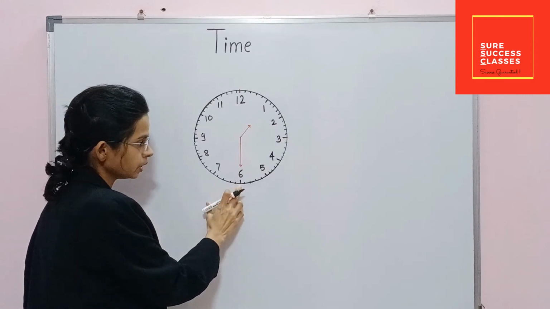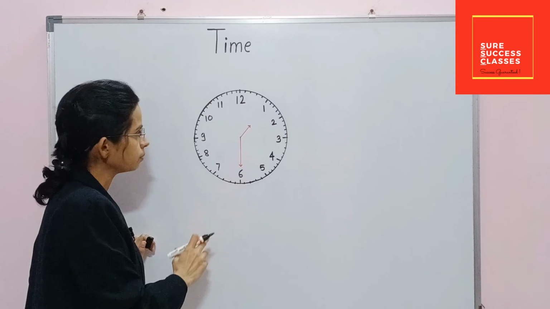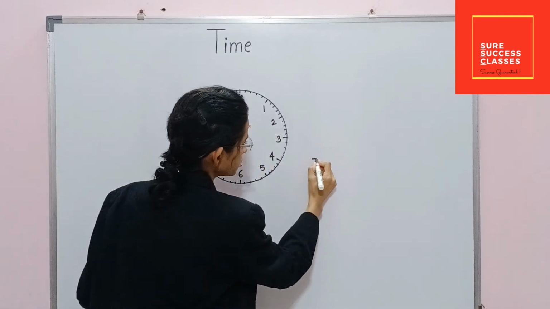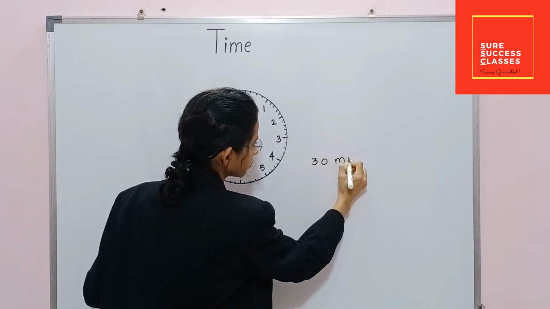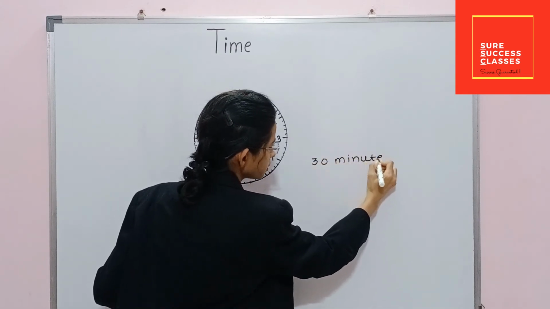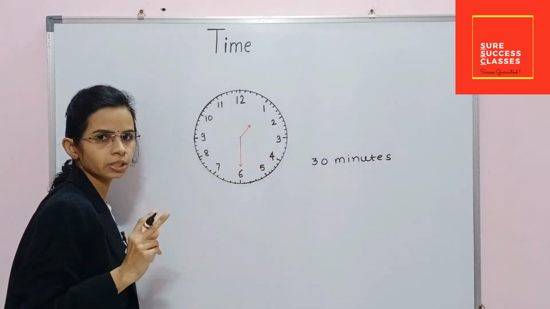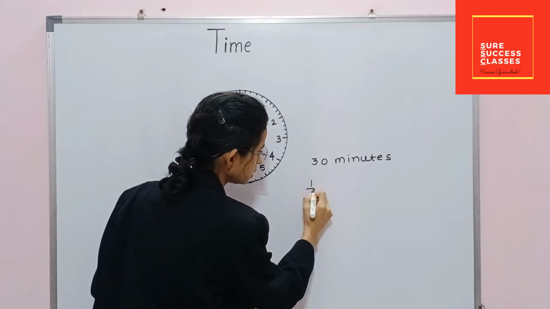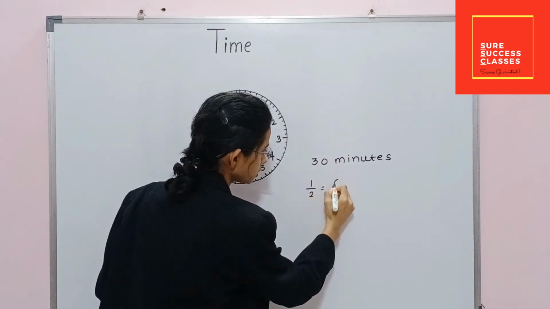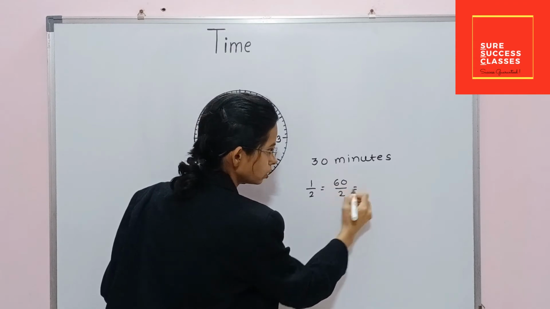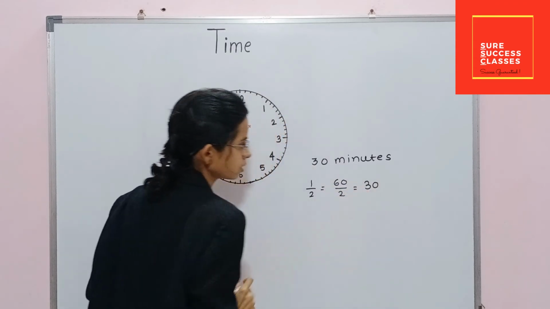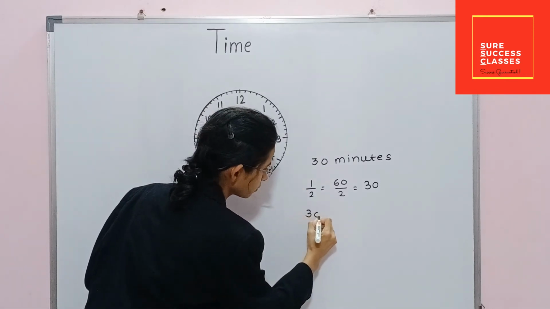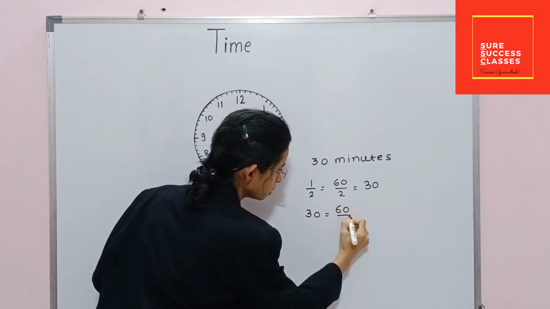Here the minute hand is at 6, means it completes 6 5s are 30 minutes. How many minutes? 30 minutes. We know 1 hour is equal to 60 minutes and half of 60 is equal to 30, means we can write 30 is equal to 60 by 2.